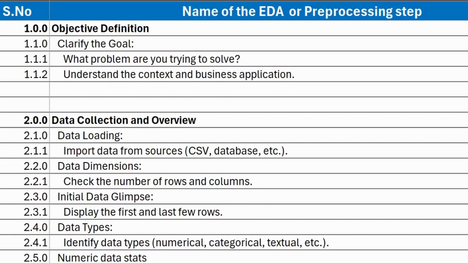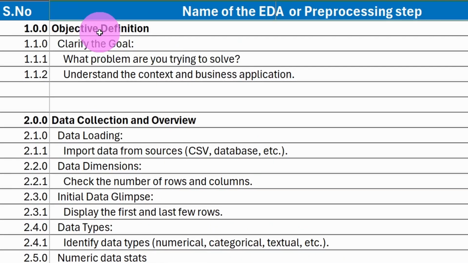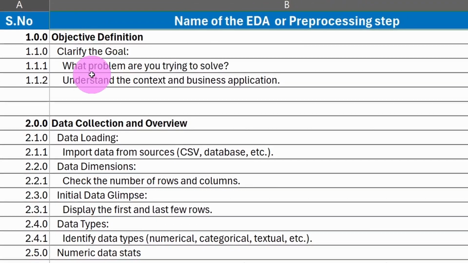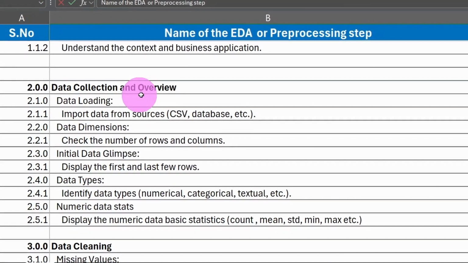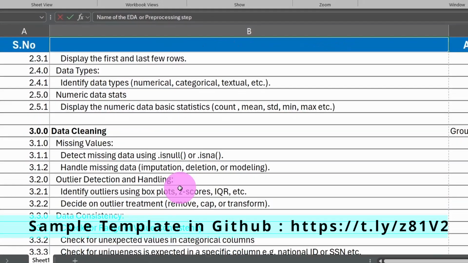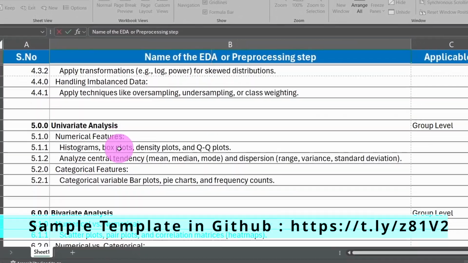I have created a simple checklist for EDA and preprocessing steps. This can be referred to while performing EDA and preprocessing. It has a further breakdown in terms of what activities need to be performed. All the 17 steps that I have gone through earlier are listed here with further minute details.